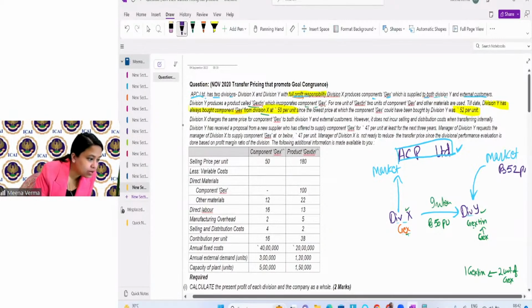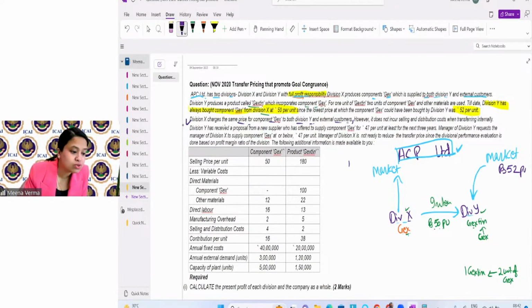Next is what? Division X charges the same price for the component Jex to both division Y and external customers. Now see what is happening. Division X is charging rupees 50 to division Y, and in the market also they are charging rupees 50 per unit.